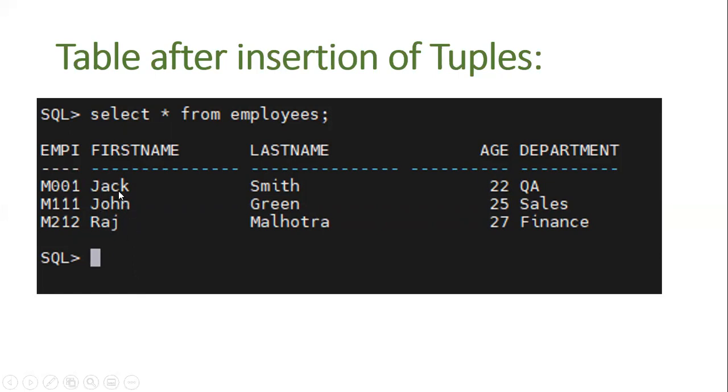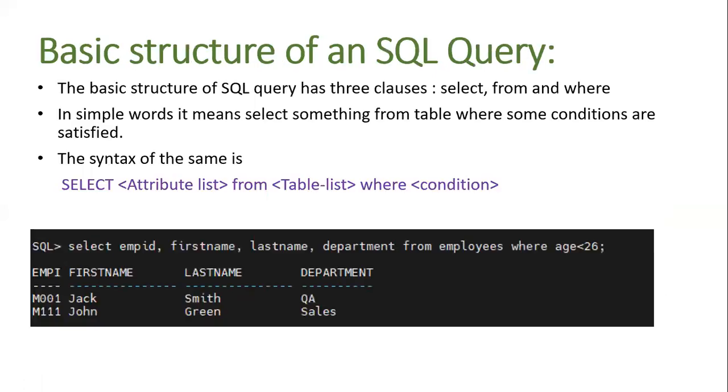So here we had initially created 3 rows and all those 3 will be seen here. There are multiple columns, that is employee ID, first name, last name, age, and department.